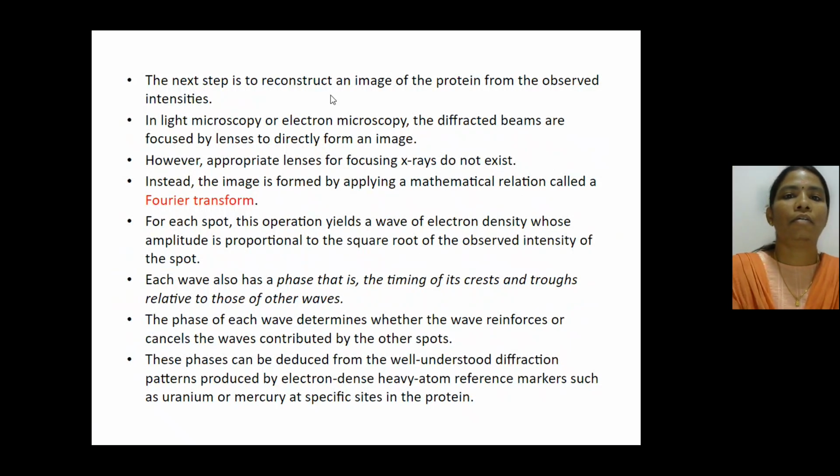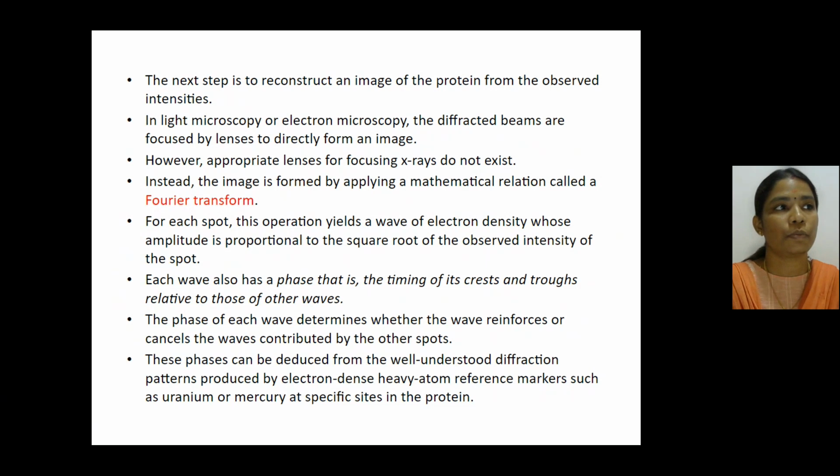So how can you construct the image of the protein, that is, its structure, from the detector film, the diffraction pattern that you have collected? In light microscopy and other microscopies, there are specialized lenses that can give you an image.